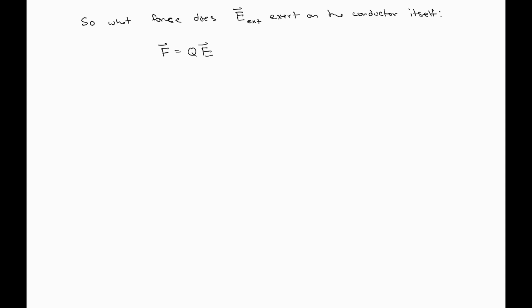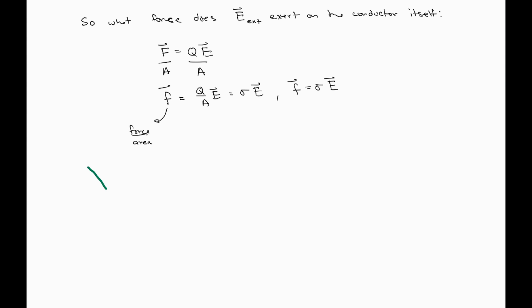I can divide both sides of this equation by the area. On the left-hand side I get little f, which the book describes as the force per area, which of course is the same thing as pressure, equal to Q over A times E, which is the same thing as sigma times E. So the force per area is equal to sigma times the electric field.